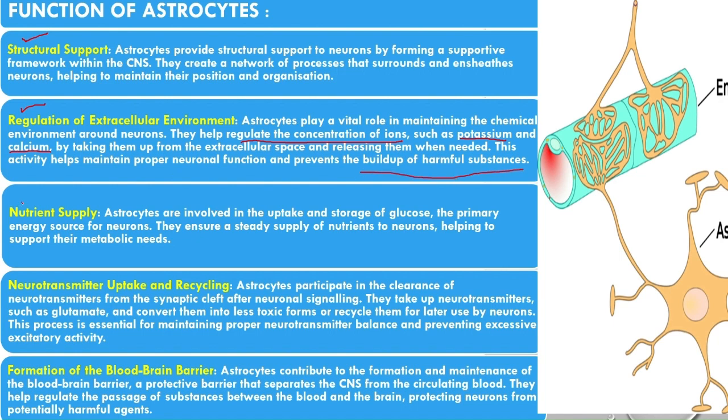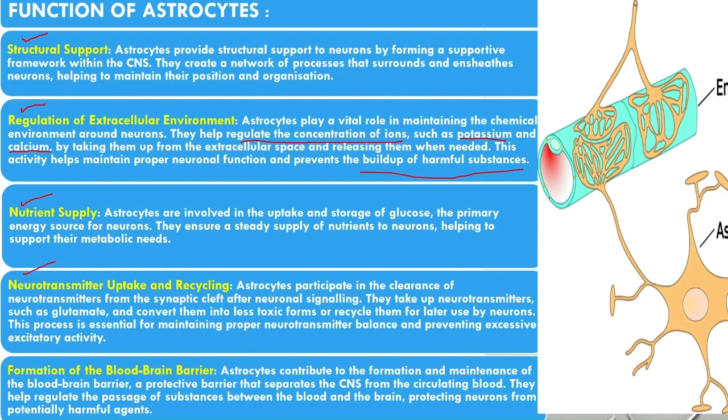Another important function is nutrient supply. Astrocytes are involved in uptake and storage of glucose, the primary energy source for neurons. They ensure a steady supply of nutrients to neurons, helping to support their metabolic needs.